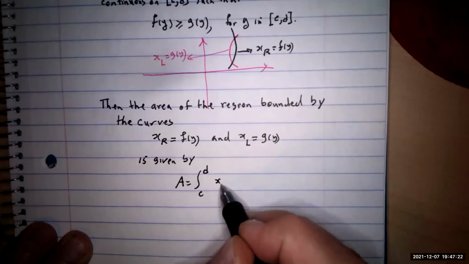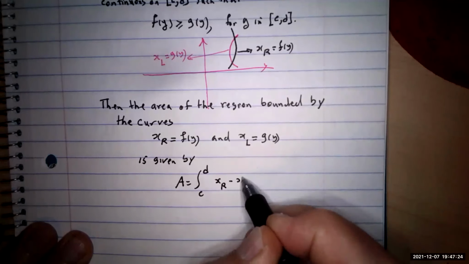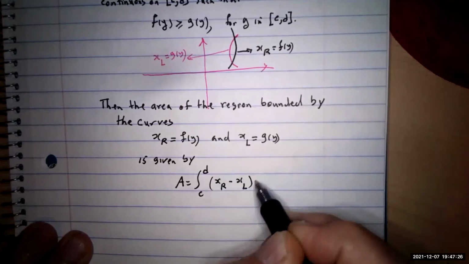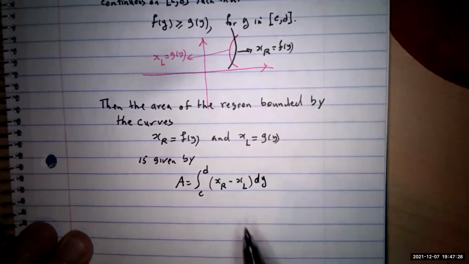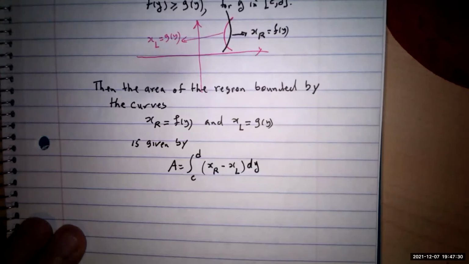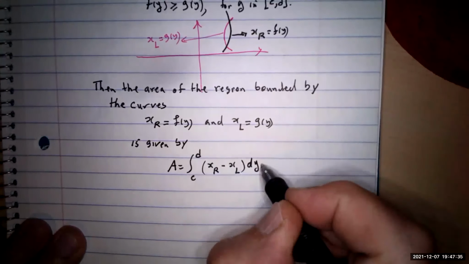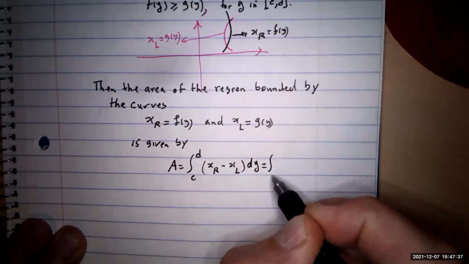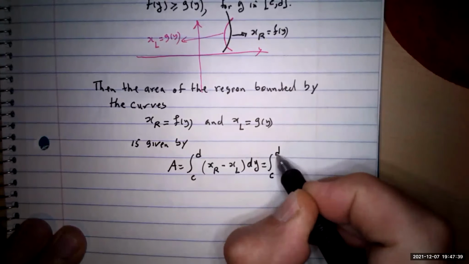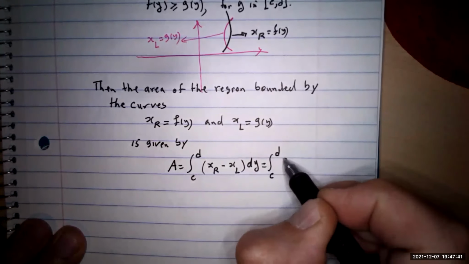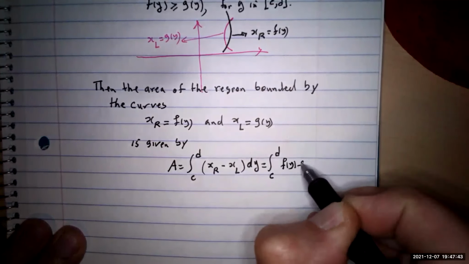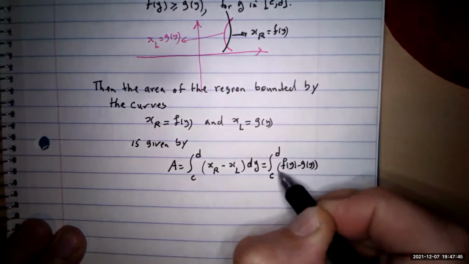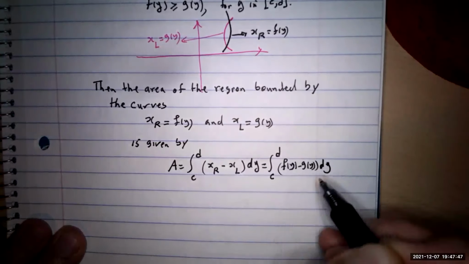The one to the right, on the top, minus the one to the left, but this one is going to be dy, because your function is a function of y. So you integrate with respect to y, which is equal to the integral from c to d of f of y minus g of y, dy.